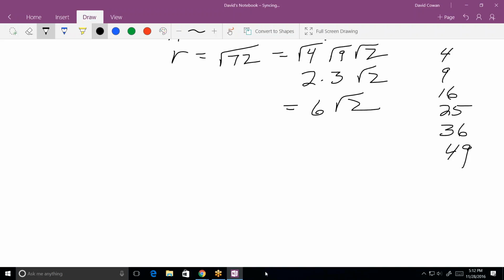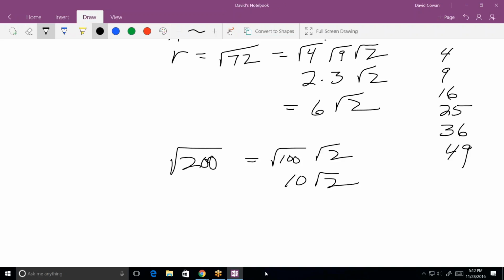Well, you want the way that has the largest. In other words, if I was reducing this, the largest perfect square number is 100. So that would be the square root of 100 times square root of 2, or 10 root 2. Well, I could get there half a dozen different ways. 4 is divisible into 200. 25 is divisible into 200.